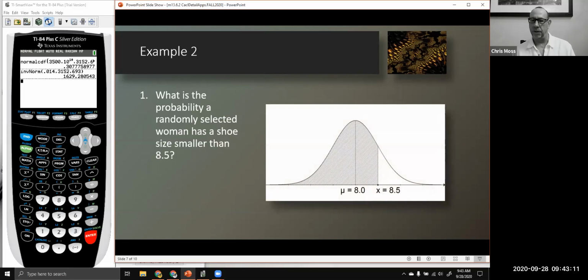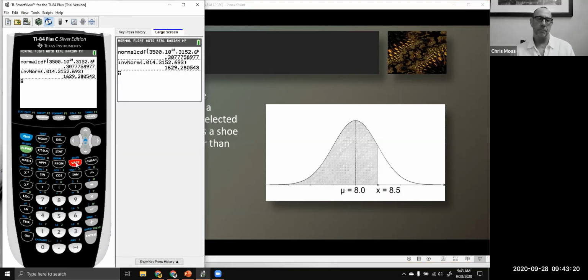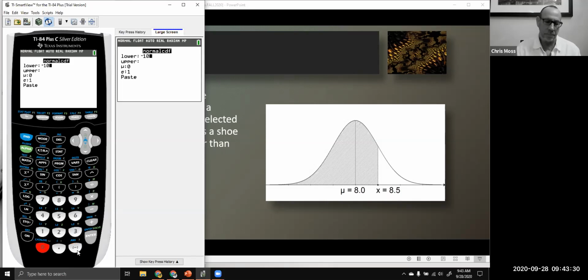So there we go. We've got the area identified, and we're ready to reach for our calculator. Lower limit, negative 10 raised to the 10th power. Upper limit, 8.5.